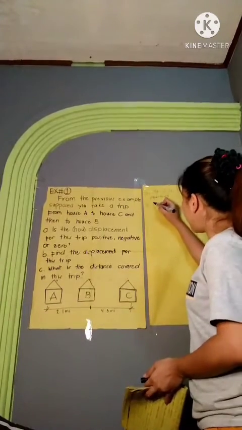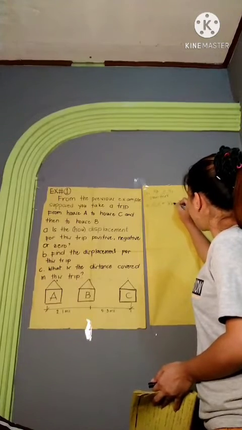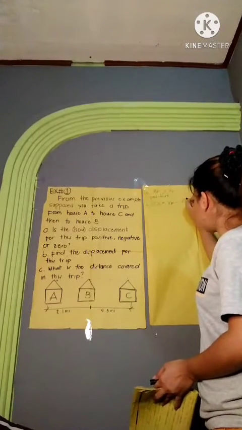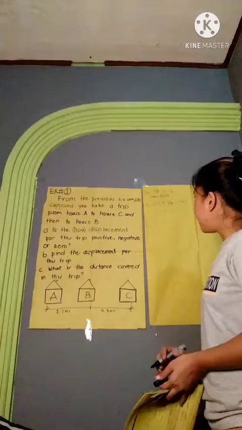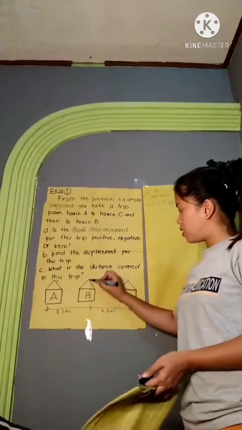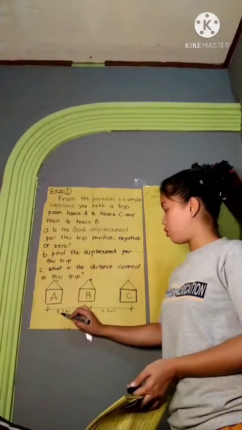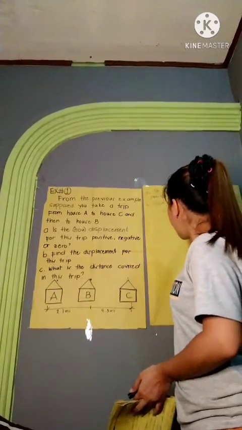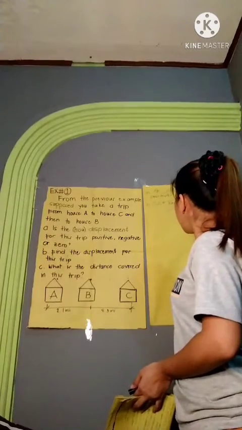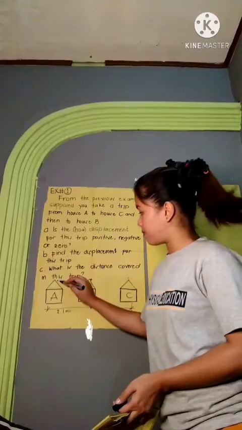Ang formula natin ay delta x is equal to final position minus initial position. Asan ba ang final position natin? Nandito sa house B, 2.1 miles, minus initial position. Ang initial position natin ay nasa house A.